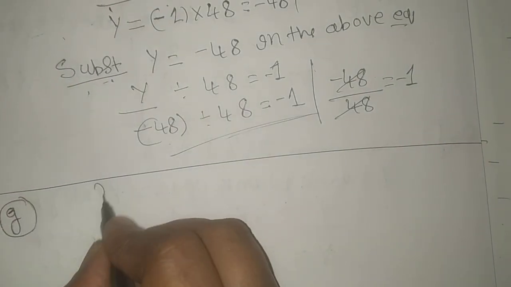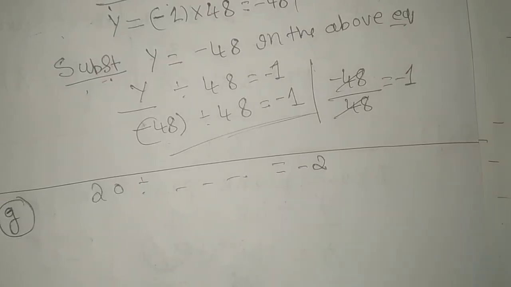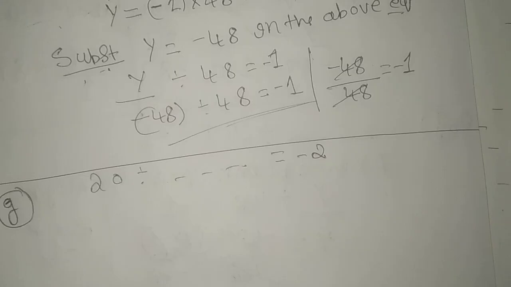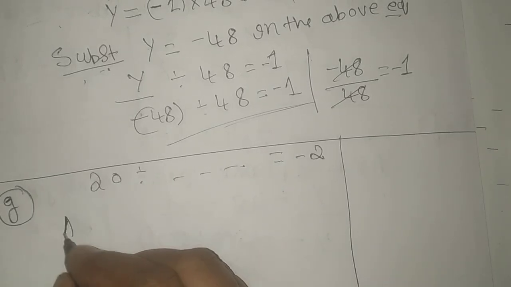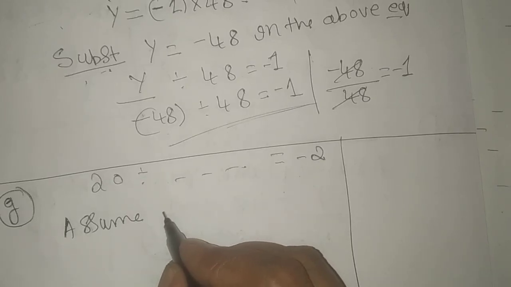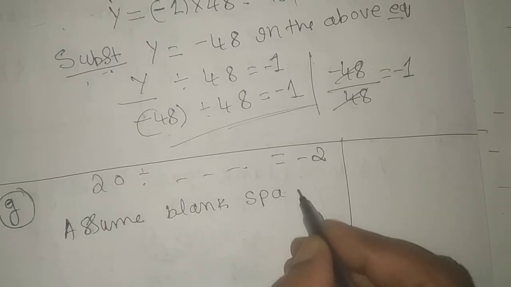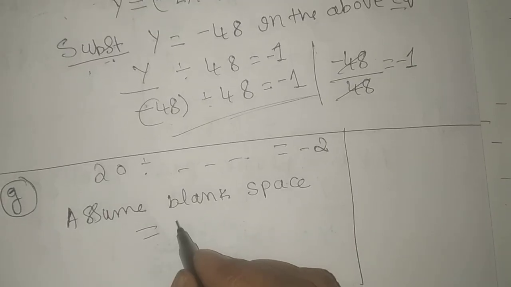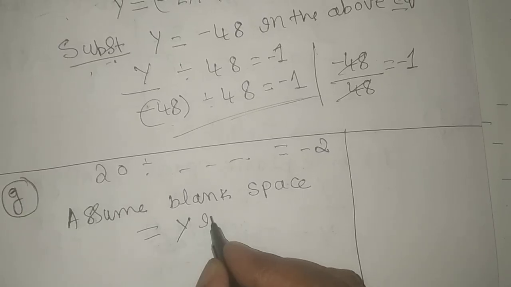Question 3G. 20 divided by blank is equal to minus 2. So same thing, assume the blank space is equal to y integer.